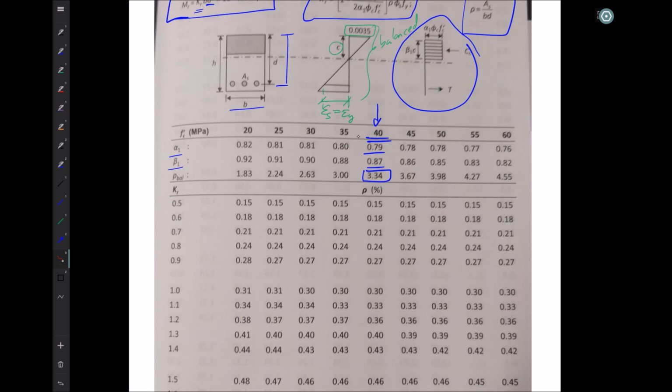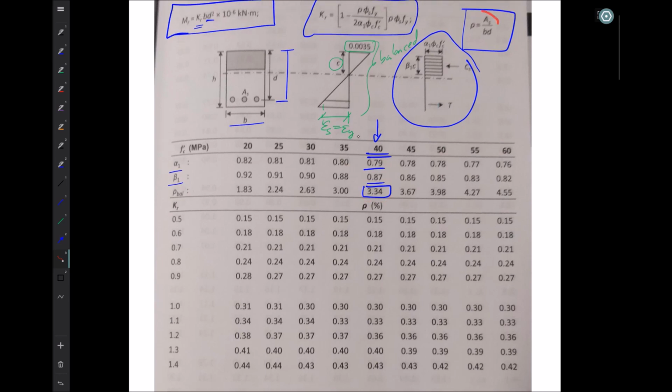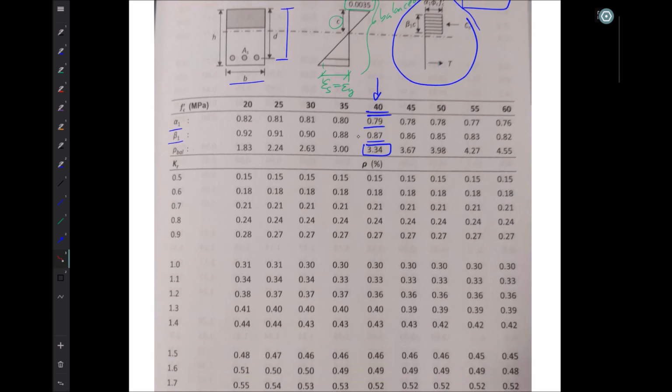If we have more steel than what would come from this calculation of Rho equal to As over Bd, and that in percent would be 3.34, if there's more steel than that, the strain down here is less than the yield strain, and it becomes an over-reinforced beam, and that is not allowed in design. So that's an important quantity. That's as far as we can push this beam.